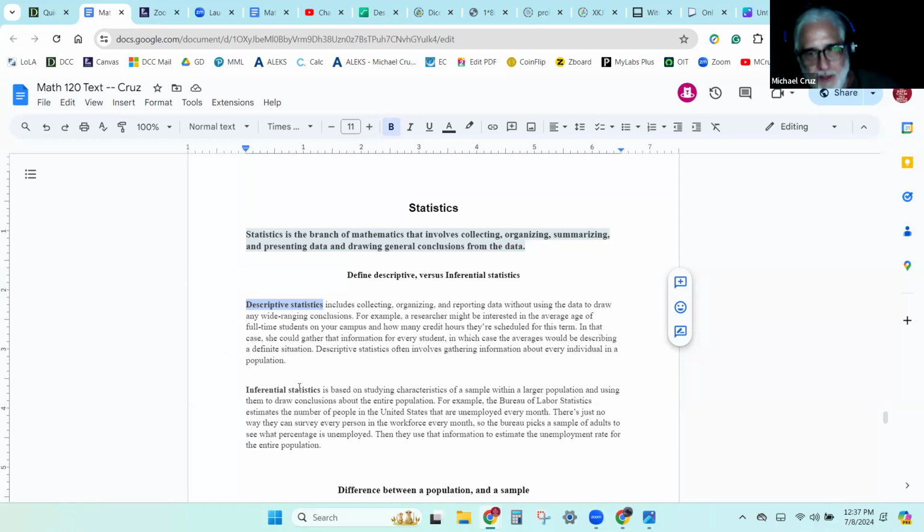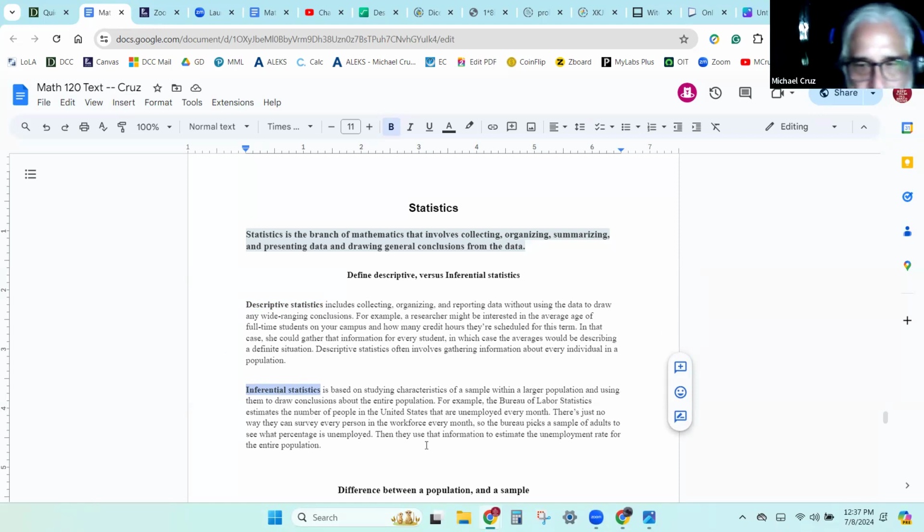This is not within the scope of this class, but inferential statistics is where you draw judgments based on data. And the second half of Math 203, that's what it's about.